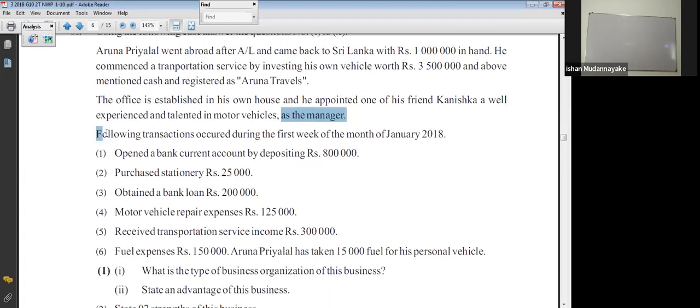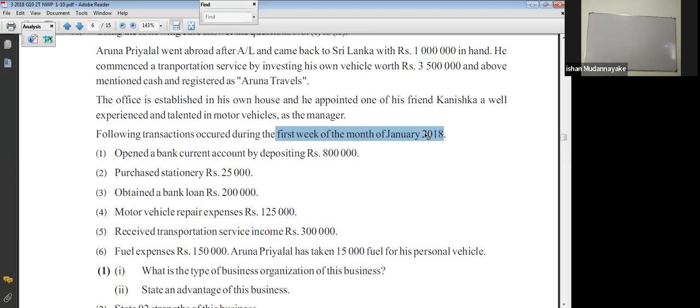Right then, following transactions occurred during the first week of the month of January. When you're providing answers for the first question in the second paper, you need to focus on the time period.